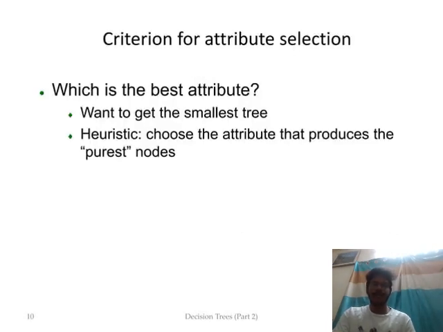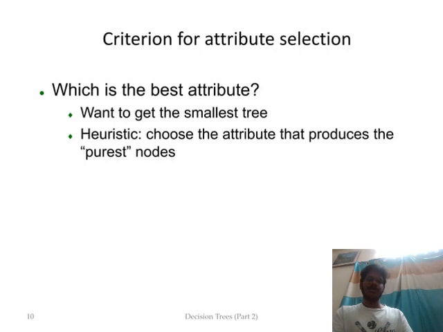And now the criterion for attribute selection. Firstly, which is the best attribute we should select, and we want to get the smallest tree. We should always get the smallest tree, which contains more information. And the heuristic is to choose the attribute that produces the purest nodes.